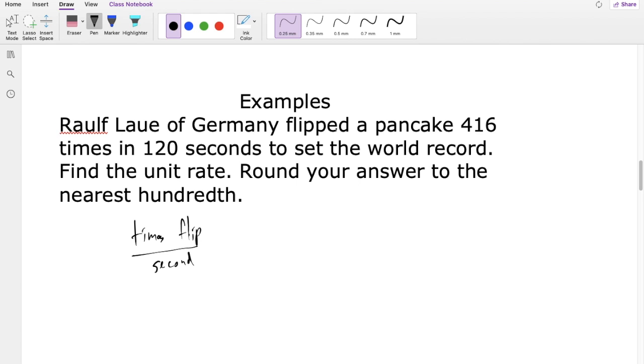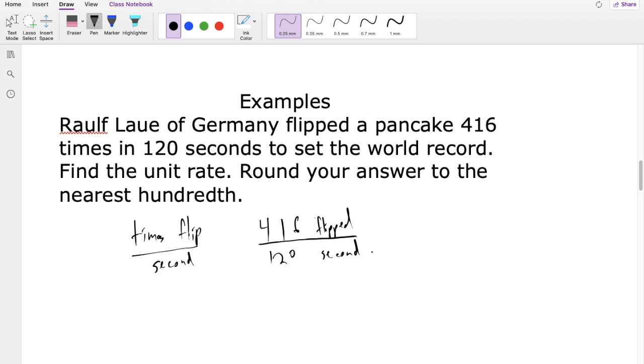The first thing is we know that he flipped it 416 times, and he did that in 120 seconds. All I need to do is that division of 416 divided by 120, and that would give me an answer where it has a 1 in the denominator.